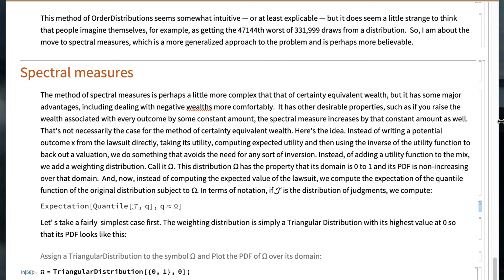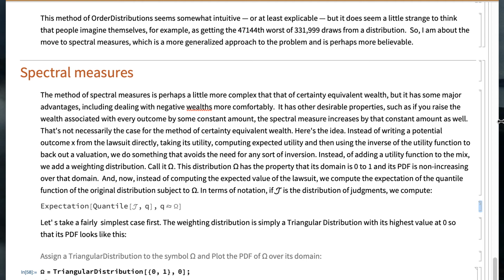So what is it? Well, instead of writing a potential outcome X from the lawsuit directly and calculating its utility and then calculating its probability and taking an expectation and then reversing out that expectation using the inverse of the utility function, we do something that doesn't require any sort of inversion of functions.